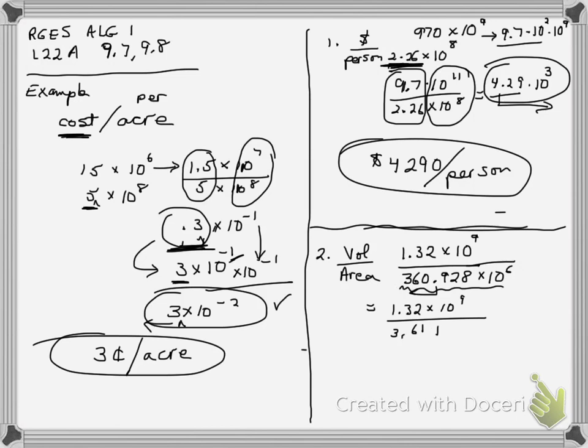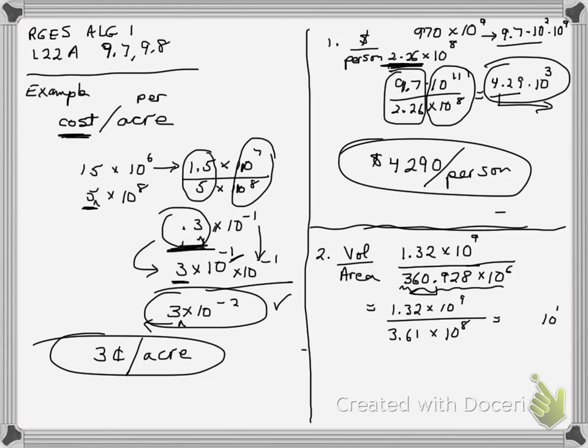Let me write that better. So 3.61 times 10 to the 2nd times 10 to the 6th, that'd be 10 to the 8th. We're going to go ahead and do that division, and that'll be times 10 to the 1st.